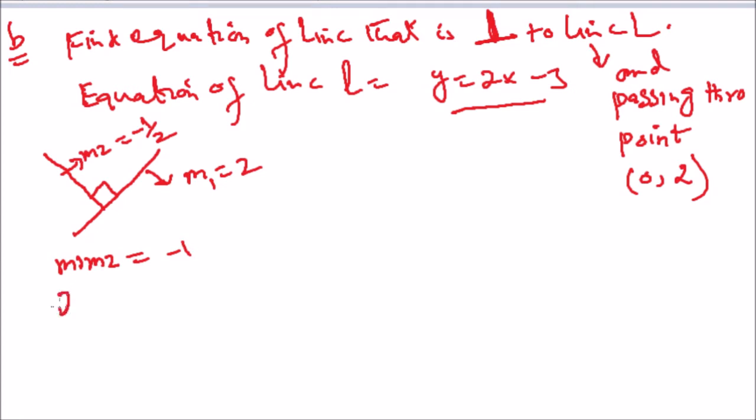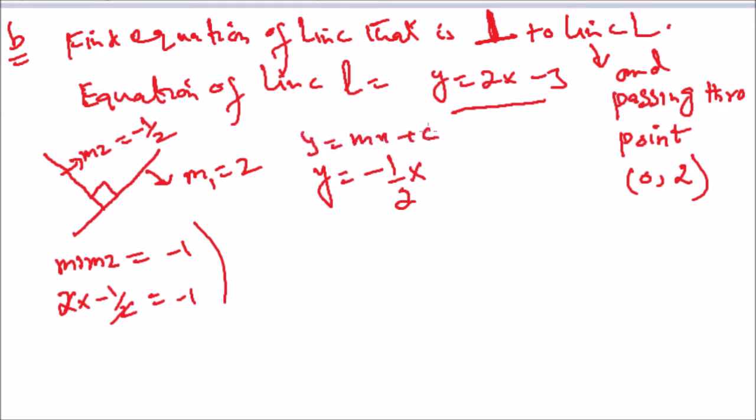So m1 is 2, m2 is -1 over 2. Multiply them, we get -1, so it means both lines are perpendicular. So I got m for the new line, which is -1 over 2. I write here because the equation is mx plus c. Now what about c?